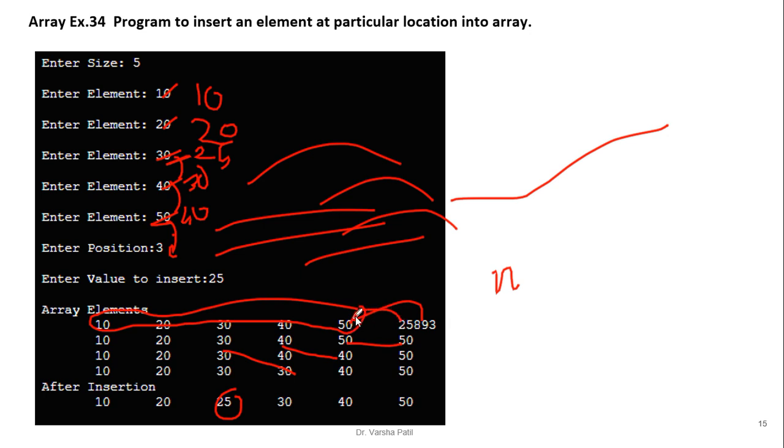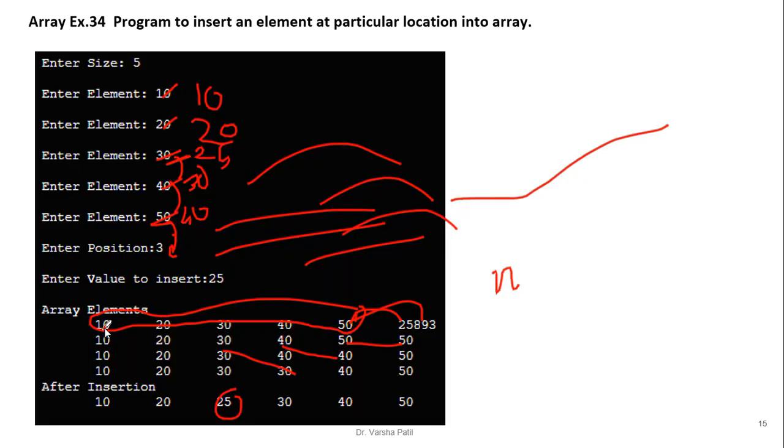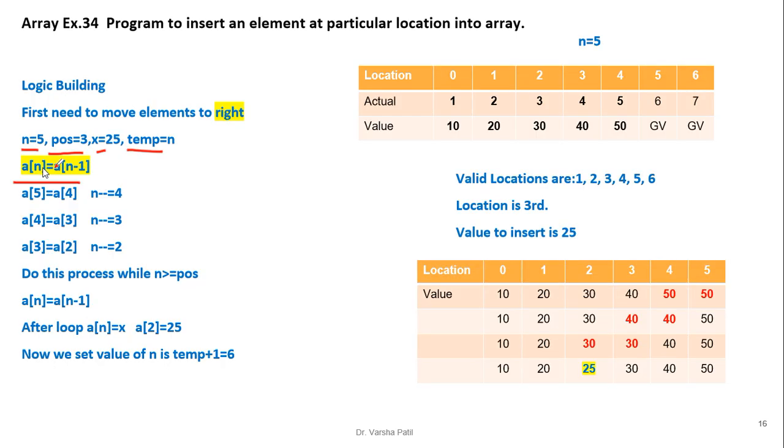So a of n is equal to a of n minus 1. Array elements are stored from the 0th location, so n is 5, 5 minus 1 is 4: 0 1 2 3 4. So a of n minus 1 element is shifted to a of n, and that's why we have shifted the a4 element to a5.